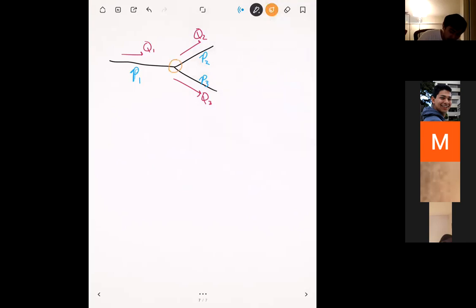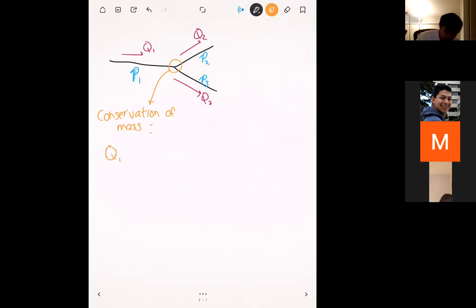All right, and so if we look at this junction right here, what we can do is apply conservation of mass. Okay. And so conservation of mass basically says that Q1 is equal to Q2 plus Q3.